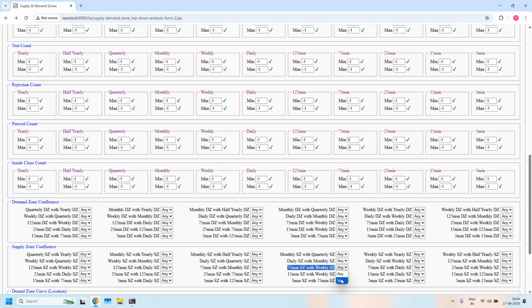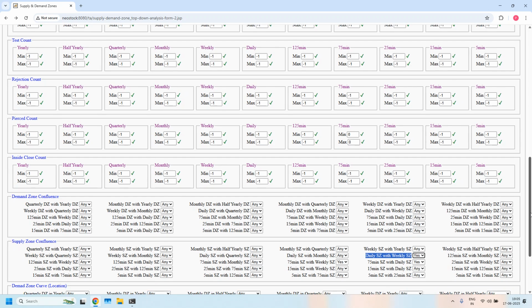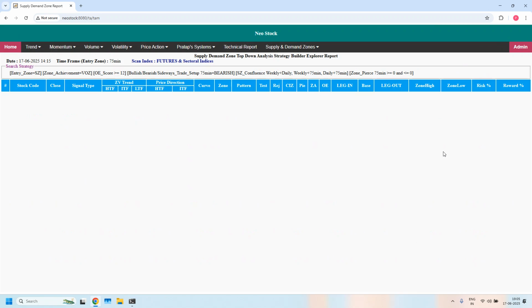Next 75 with weekly supply zone, daily with weekly supply zone. Enabled all the 3 filters. We did not have any stocks. It is not having any HTF confluence. Okay, fine. This is bearish trade setup for weekly income trade. So it doesn't have any high probability trade setup zones.